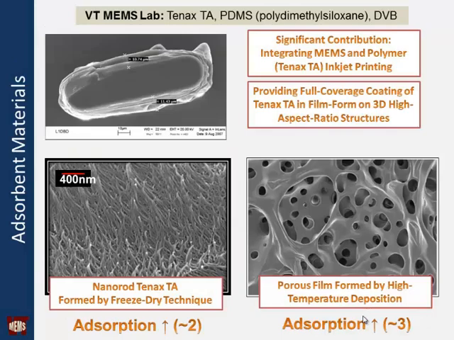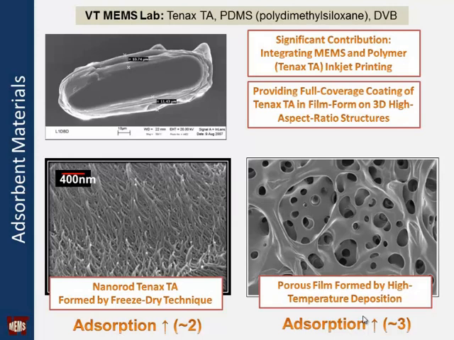So what we have been using in the past several years, we have been using different polymers, including Tenax TA, which is widely used, again, for gas adsorption. We have done some work on PDMS, which is not as effective and as thermally stable as Tenax TA. And we have also worked with DVB particles, and we have utilized them for breath analysis applications.